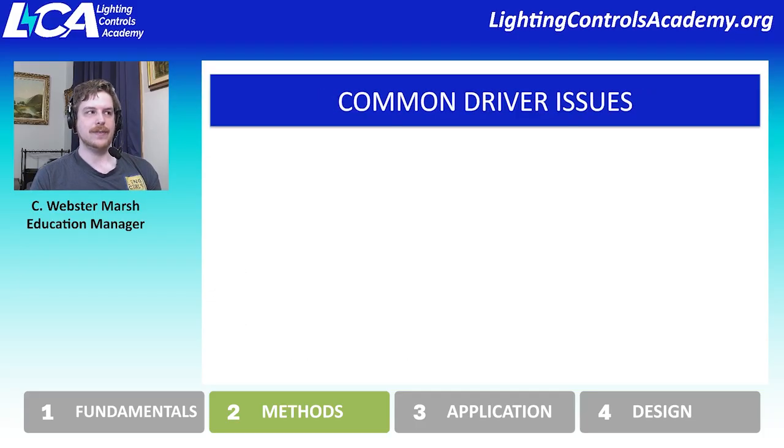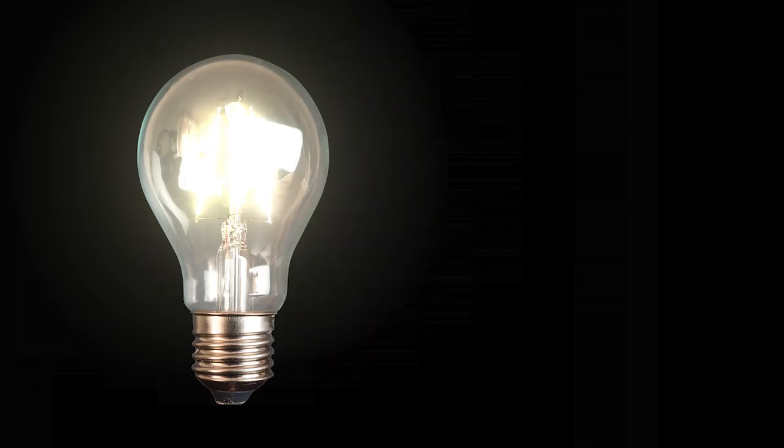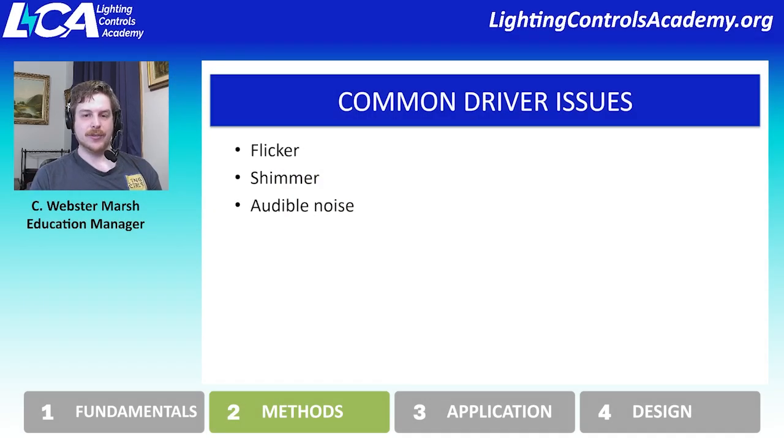Going into LEDs and their common driver issues, because it really is, again, that compatibility between driver and controller, we see a lot of weird behaviors like flicker, shimmer, where it's not stable in its intensity. Audible noise, which is less common with LEDs, but it still does happen, especially when we're dealing with larger drivers.